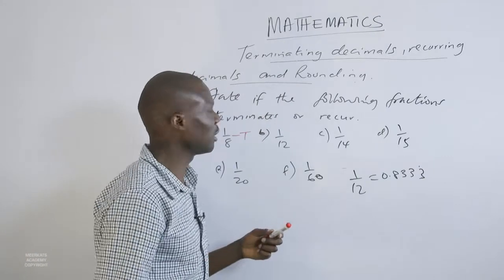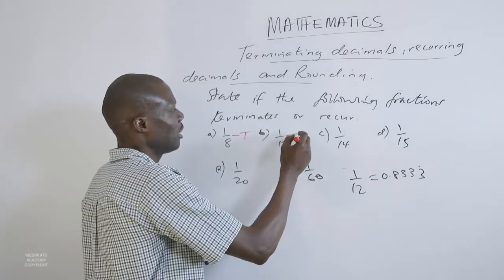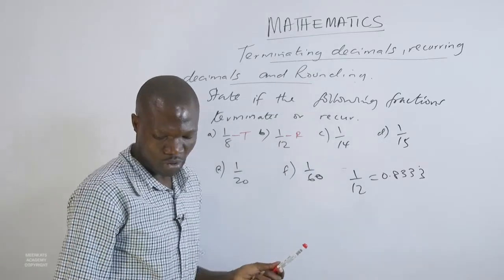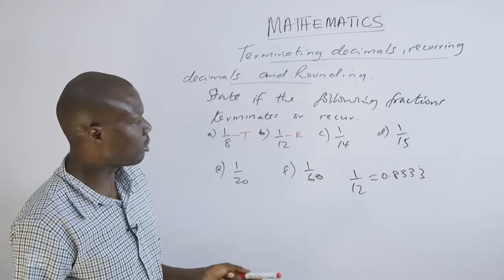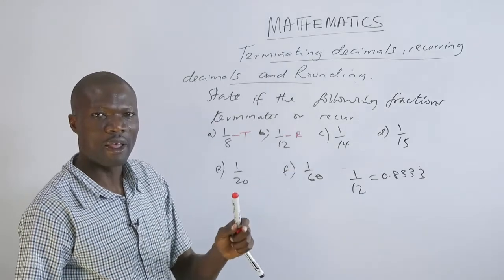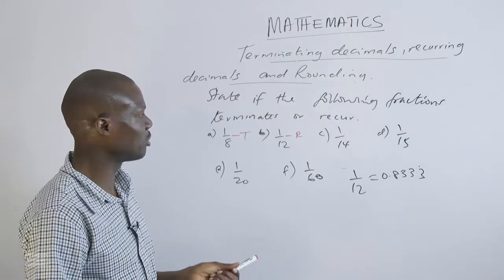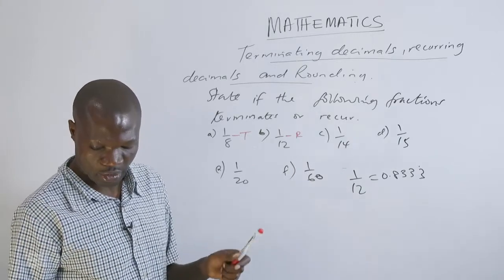So 3 is recurring, so you can say that this is a recurring decimal. 1 over 14. So remember, we are only using the pattern about recurring. You look at the digits, the behavior, and then you state whether it is going to recur or not.